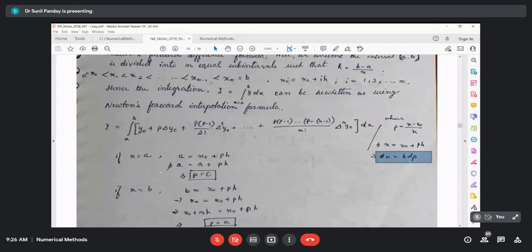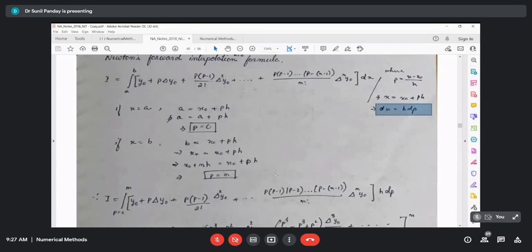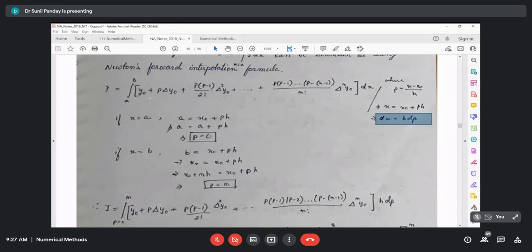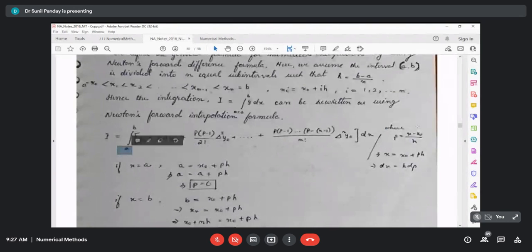So here you can write like this: if I substitute here a, integration, that is, I am calculating what is x, so I am substituting x also a.